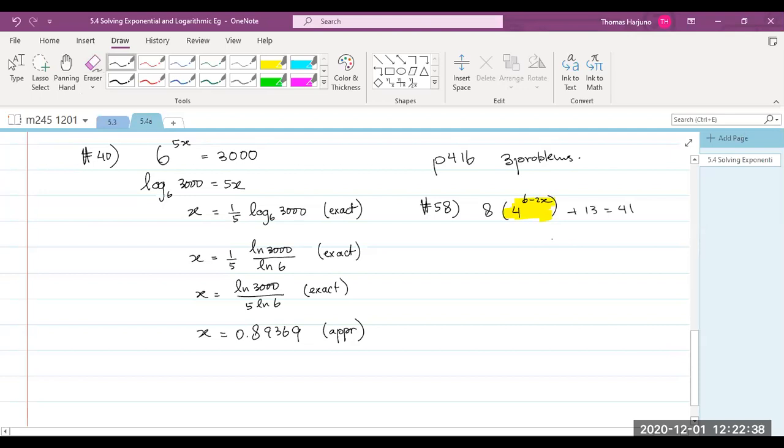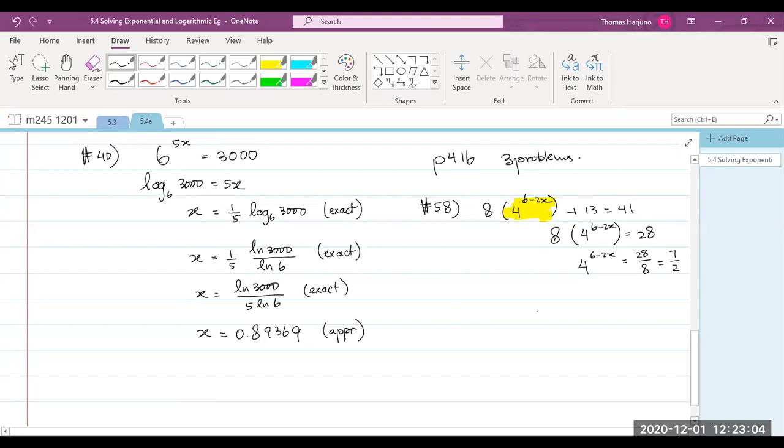Subtract 13. That's 28, right? And then divide by 8. 28 divided by 8 is 7.5. Reduced by 4, that's 7 over 2.